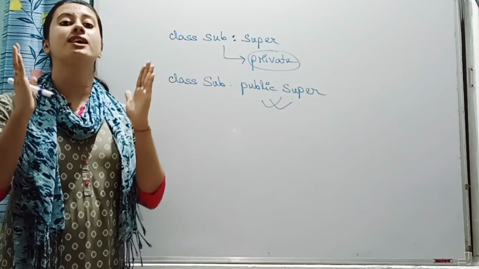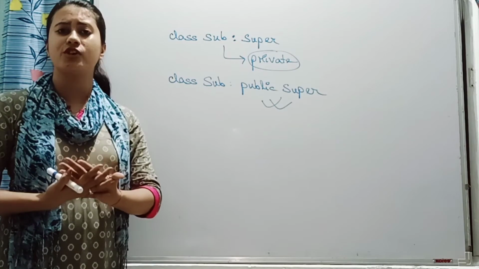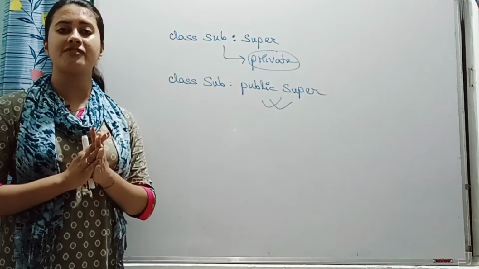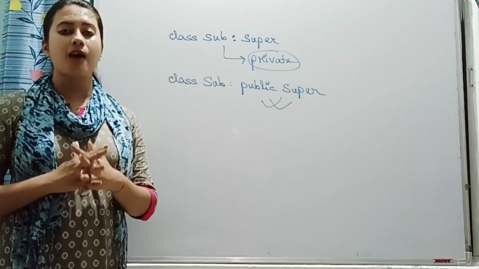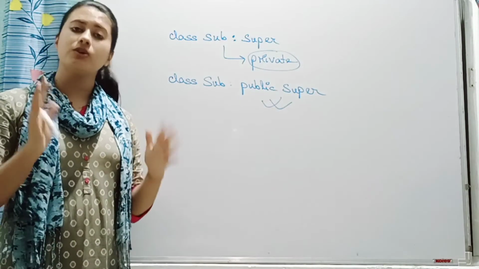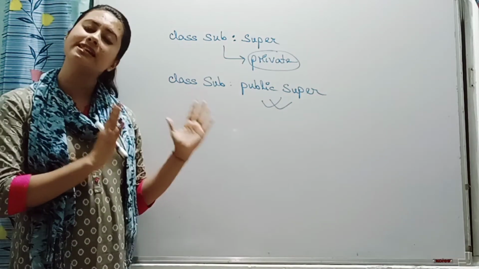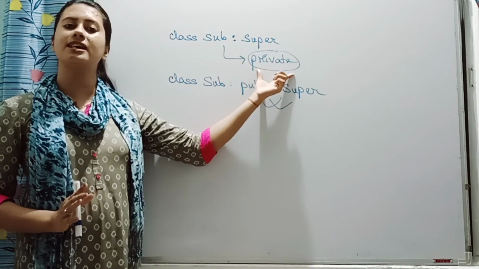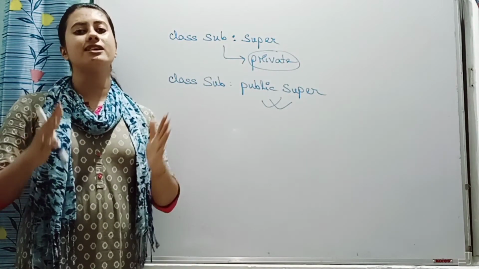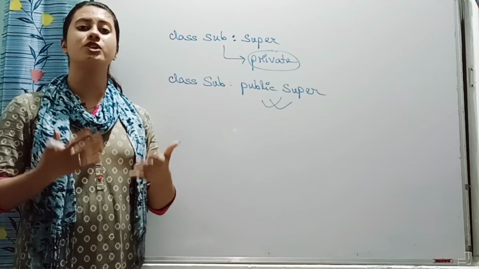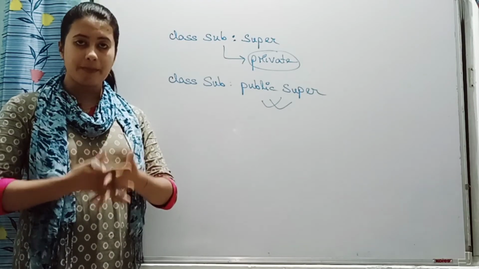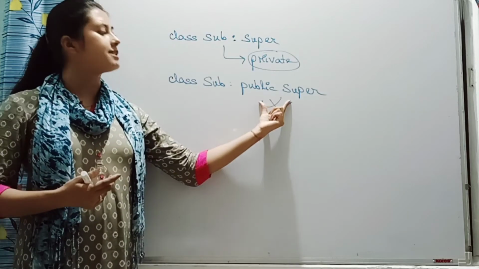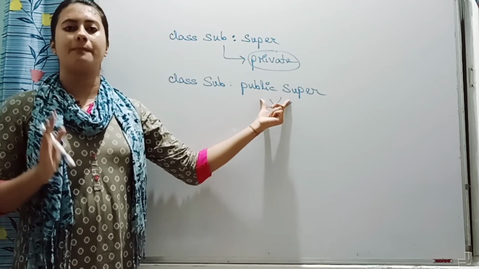And the things which are confidential, suppose any bank document, any fund related thing, should be defined under the private section, so that nobody from the outside can access it directly. Whenever there is confidential information, we define it under the private section. But whenever the public should be able to access the thing, it must be defined under the public section.